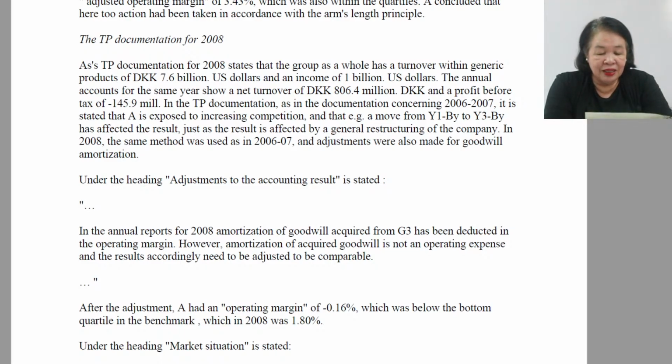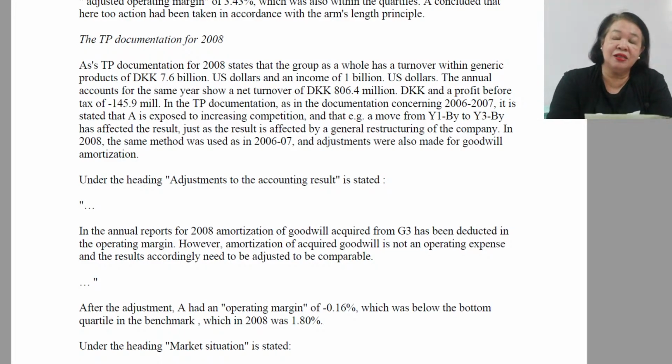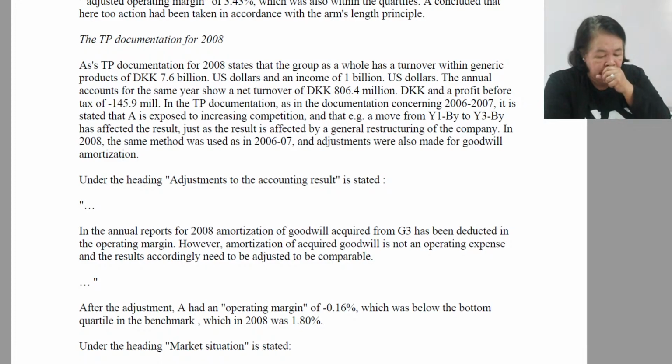Kasi, di ba sabi natin, pag gumagawa ka ng analysis o report, lahat ng environment, operational environment, lahat ng risk ng business, you have to disclose. So, anong sinabi dito sa transfer pricing documentation? A is exposed to increasing competition and that a move from year 1, business year to year 3, business year, had affected the result. Just as the result is affected by a general restructuring of the company.